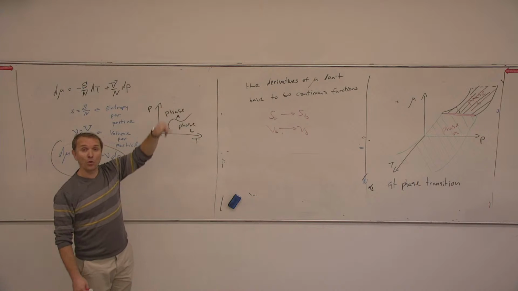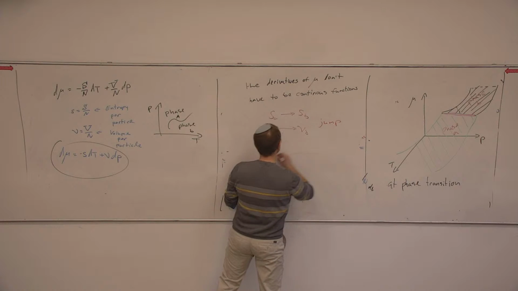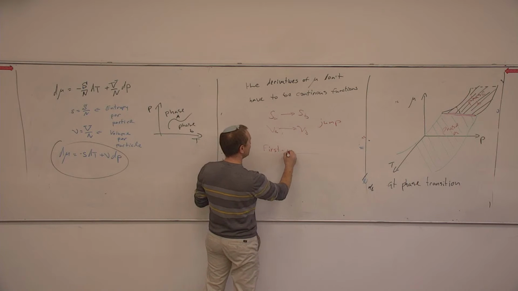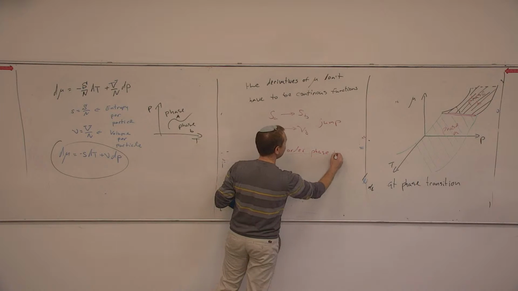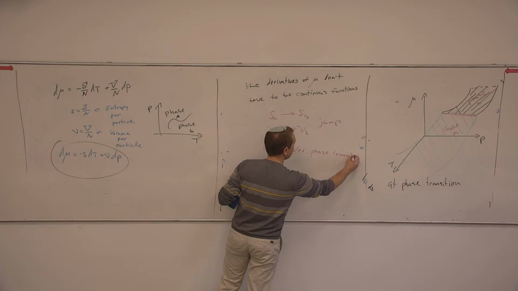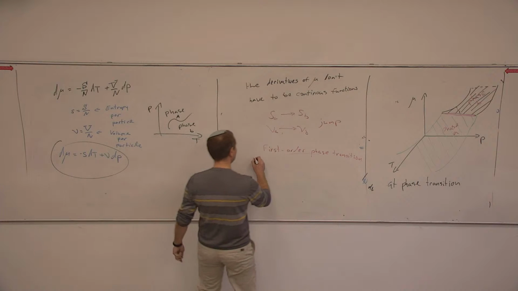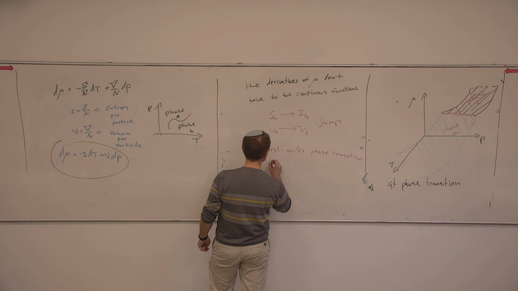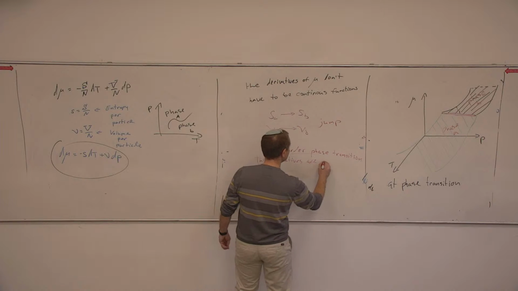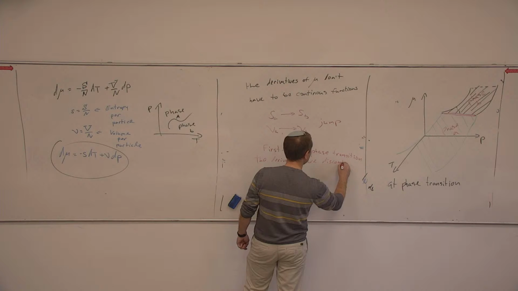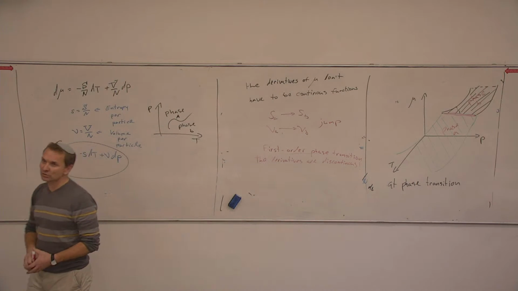This is a first order phase transition. The derivatives are discontinuous. Okay? So this is the first order phase transition.